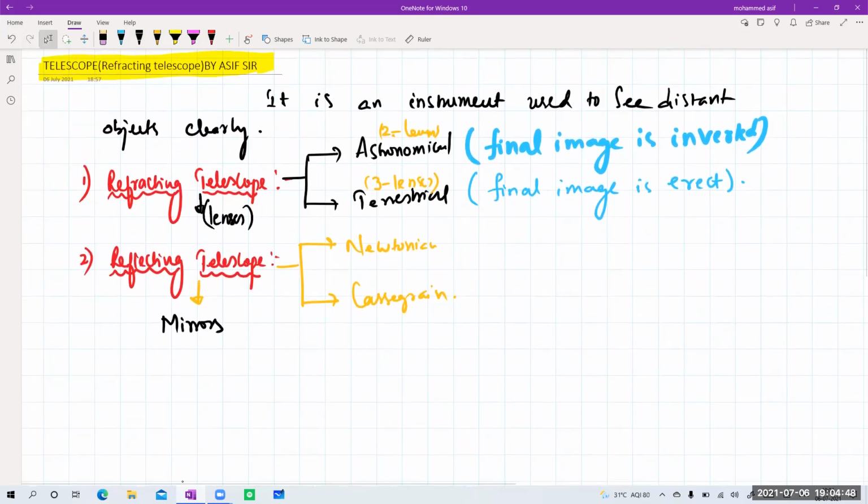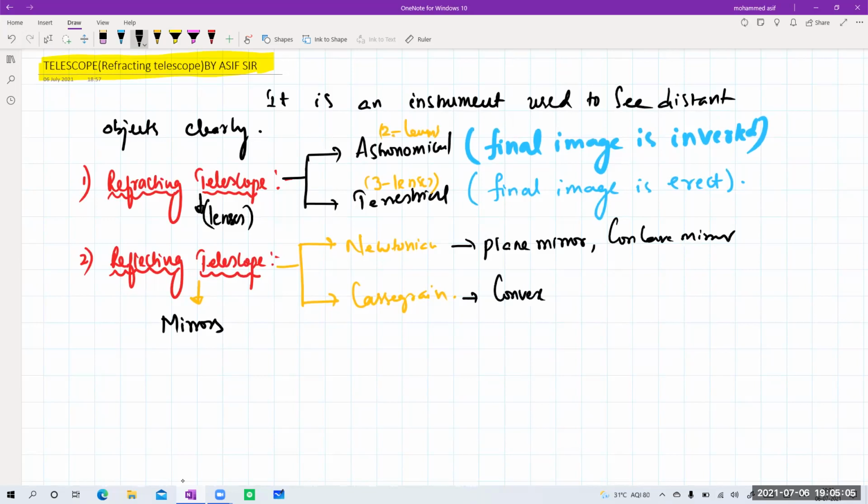So in the Newtonian telescope, we'll be using a plane mirror and also a concave mirror. In the Cassegrain, we use a convex as well as a concave mirror.